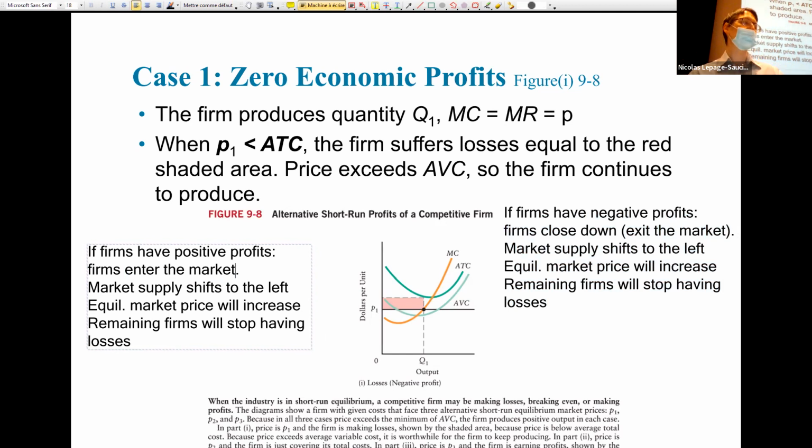So if, say, cars become a thing again and there's good profit, then I'm going to quit my job and start producing cars because I want to make money in this sector. But then what happens, of course, is the supply shifts to the right. And the equilibrium market price will decrease. So firms will stop having positive profit.